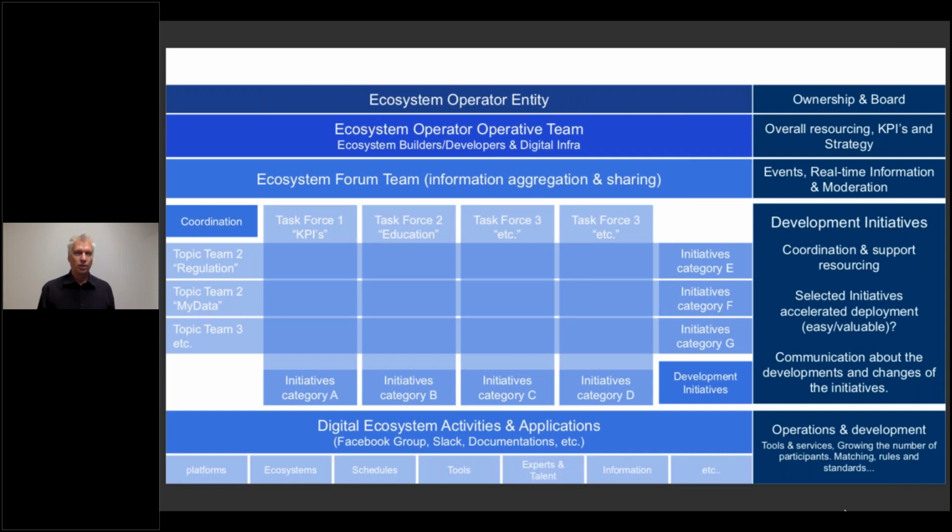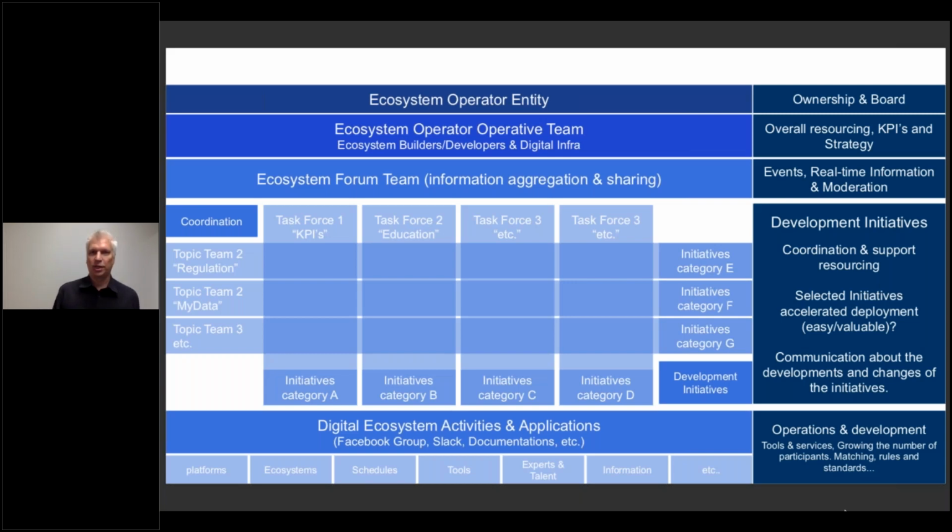So when we complete this picture, we need to introduce, in addition to the forum that is the driving force of the communication activities, how new initiatives can be activated, how they can be prioritized, how their progress can be measured, and how the resourcing can be shared between multiple actors, and so forth.